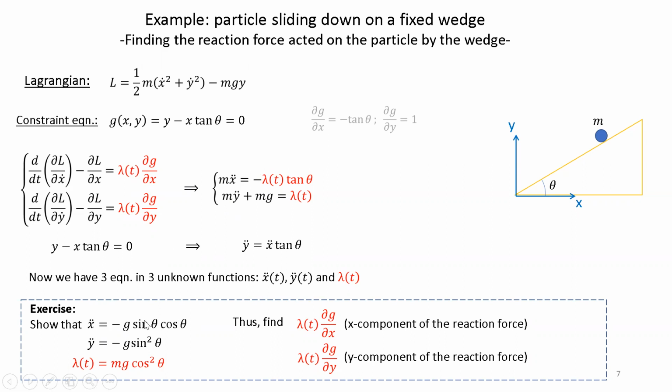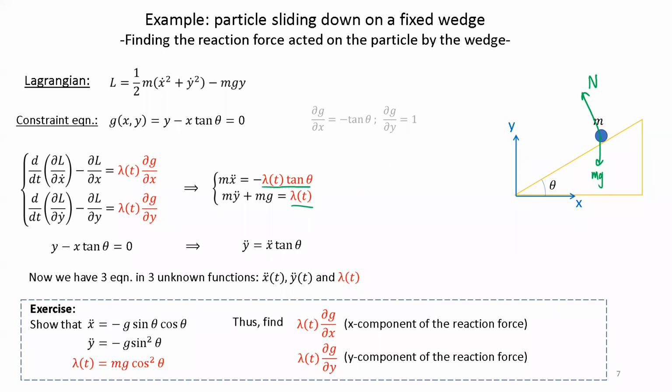Maybe I don't have time to actually work this out, but I believe you can do it. Three linear equations, three unknowns. But let's quickly look at what Newton's equation would give us, so that you are convinced that these two are the force of constraint, which is the normal reaction, of course. So let me draw this mg, and then this is the normal reaction n.